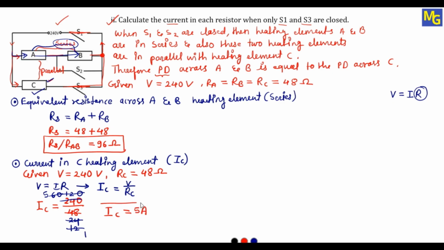So that's why I have written here C. I means current, C means it is indicating the heating element. So we got current in one heating element, that is C. Now still A and B is remaining. Now A and B both are connected in series.